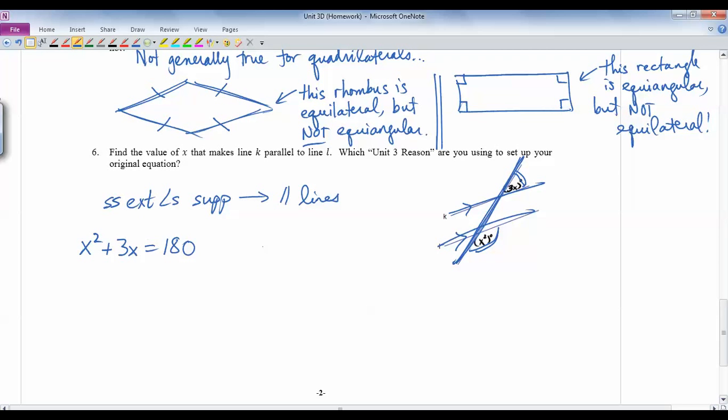Now to solve this, you're probably going to want to use the quadratic formula. That's what we practiced earlier. So in order to use the quadratic formula, you want to get the equation into this form, equals 0. Don't forget the equals 0 part. So in order to get it to equal 0, we got to bring the 180 over.